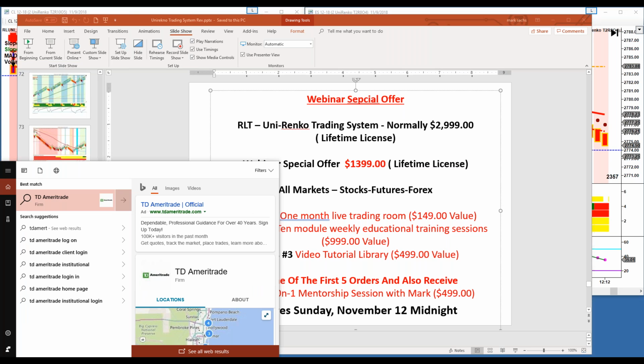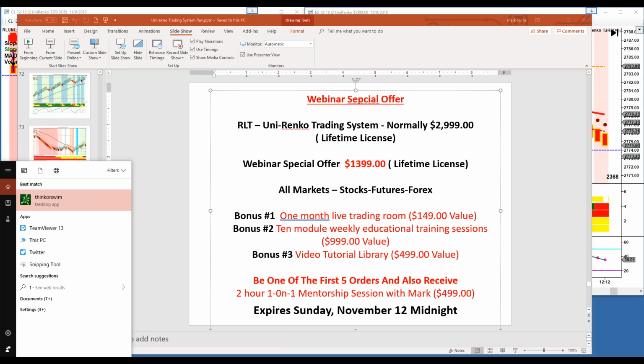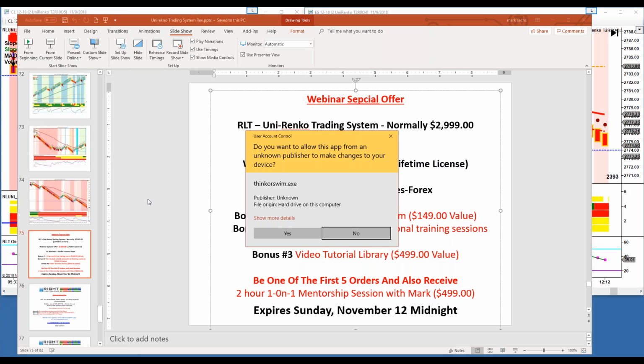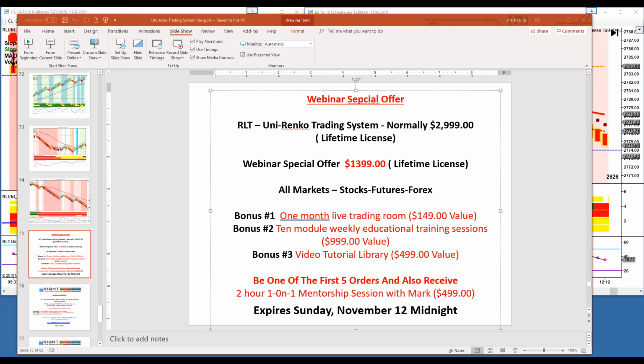Hold on a minute here. Let me just put in think. It's right here. And I don't use any Thinkorswim indicators because I use all my own. And here's a Thinkorswim platform. I'll just open it up really briefly. I'll show it to you. But I don't have anything formatted on it because this is the platform I trade.